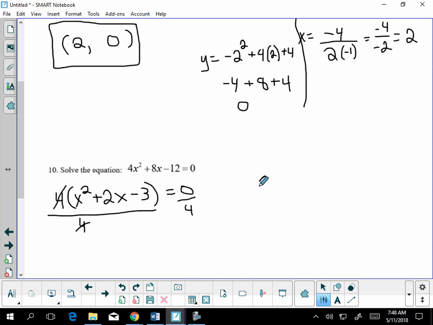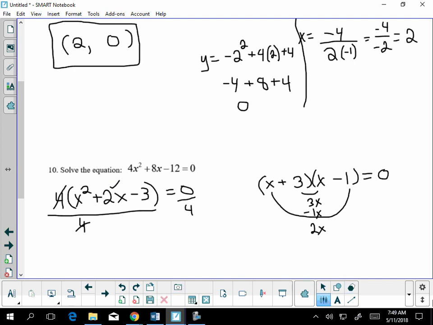Let's go ahead and factor that. X times x gives me the x squared. And I have a minus 3. I know one has to be positive. One has to be negative. And if I check that, that gives me 3x. That gives me negative 1x. That gives me 2x. It matches up with my middle term.